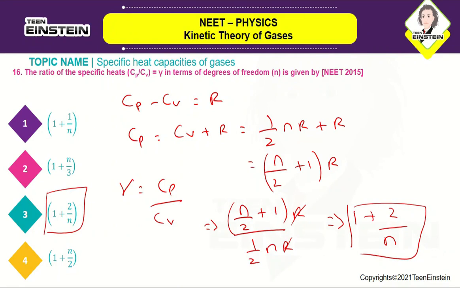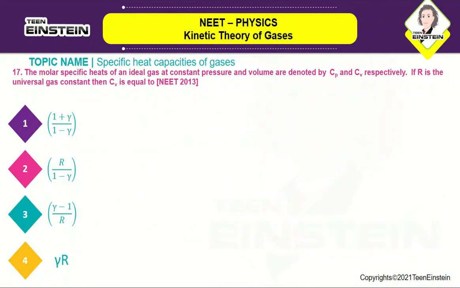Okay, so let us move on to the next question. The molar specific heats of an ideal gas at constant pressure and volume are denoted by Cp and Cv respectively. If R is the universal gas constant, then Cv is equal to. So here the difference between two molar specific heats is given by Cp minus Cv is equal to R, or Cp by Cv minus 1 is equal to R by Cv.